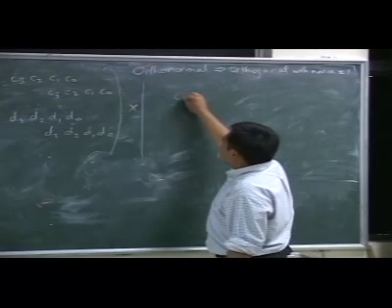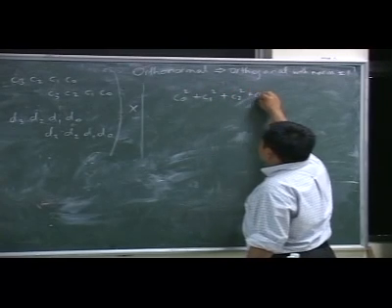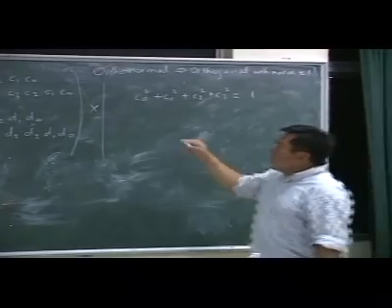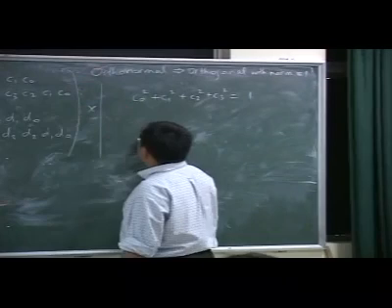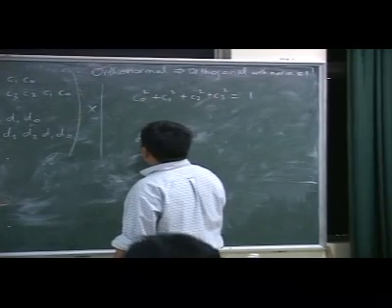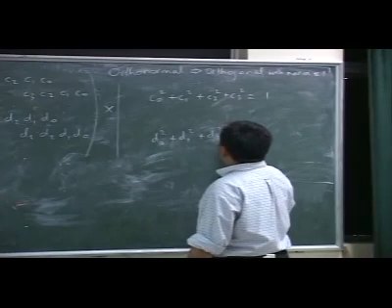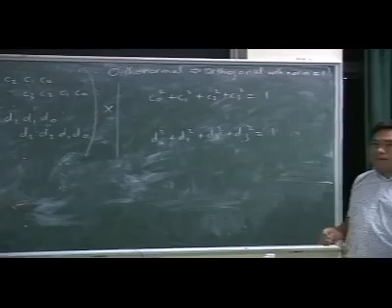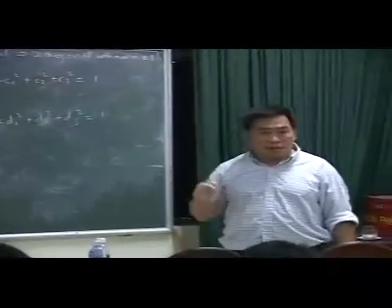You want C0 squared plus C1 squared plus C2 squared plus C3 squared equal to 1, and this has the same norm as this, and so on. You want exactly the same thing for D: D0 squared plus D1 squared plus D2 squared plus D3 squared equal to 1. So that takes care of the normalization part.